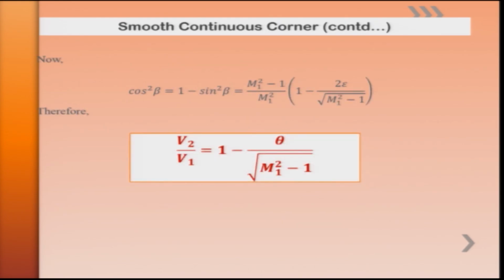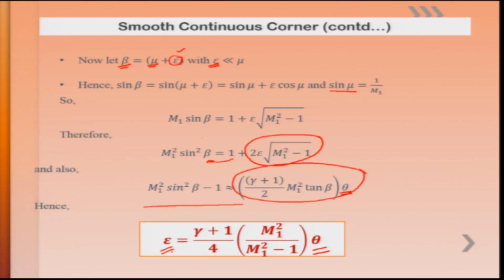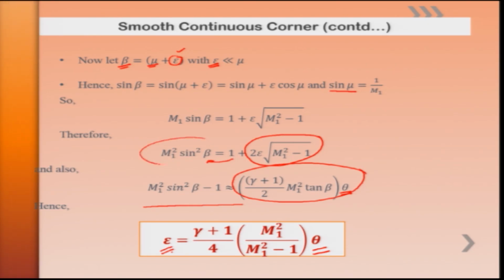Now finally I can write down cos square beta, again using trigonometry, because sin square beta plus cos square beta is always equal to 1, and we know that cos square beta can be written as 1 minus sin square beta. Since sin square beta is obtained in the previous expression, by inserting this value here I can get the expression of sin square beta.